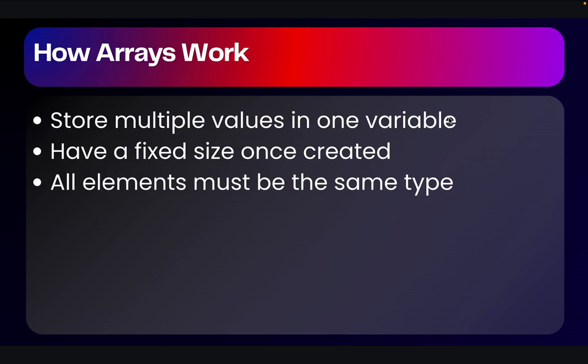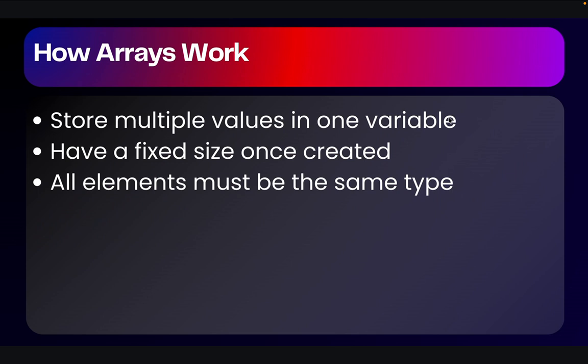Now, basically with arrays, what happens is you're going to store multiple values in one variable instead of separate variables. So in this case, we could have one variable called int scores that has all of those 5 scores instead of us having 5 different variables with 5 different scores.